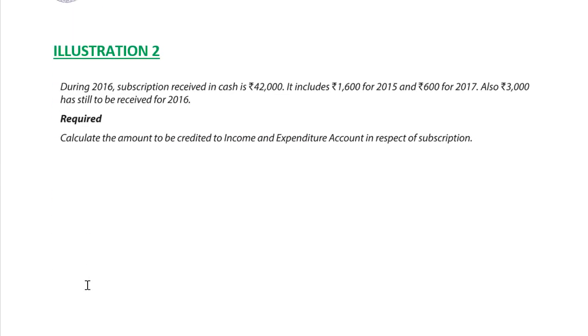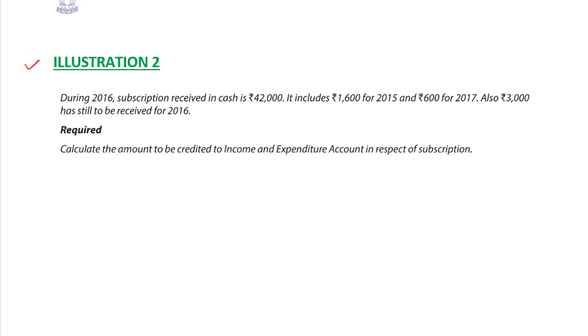Illustration 2. During 2016, subscription received in cash is 42,000.